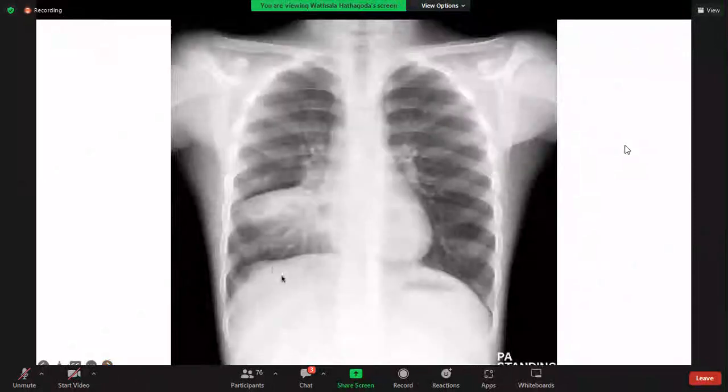Okay, so explain this X-ray. What can you see here? On the left side, do you see anything?